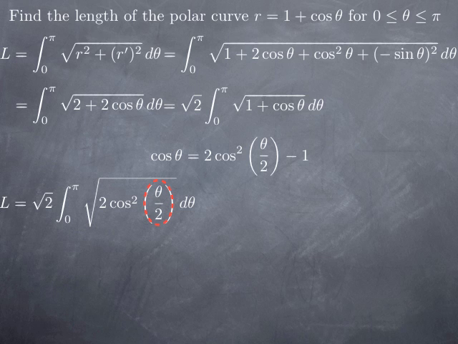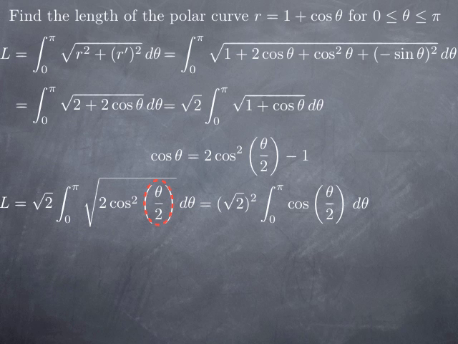And on the other end, when I have the square root of cosine squared of an angle, I should get the absolute value of cosine of theta over 2. But since theta is between 0 and pi, theta over 2 is between 0 and pi over 2, and the cosine is positive. Therefore, I can just drop the absolute value, and I get square root of 2 squared, integral from 0 to pi of cosine of theta over 2.